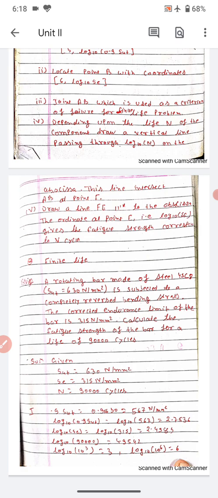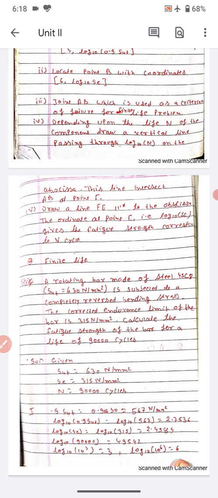In the continuation of our last lecture, that is design of machine component against variable loading for finite life.